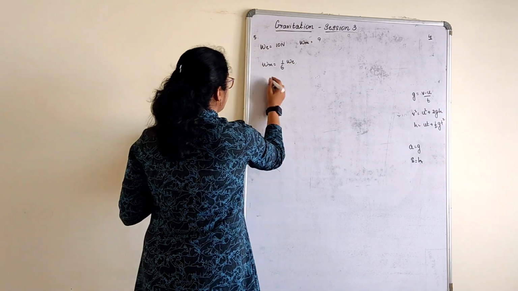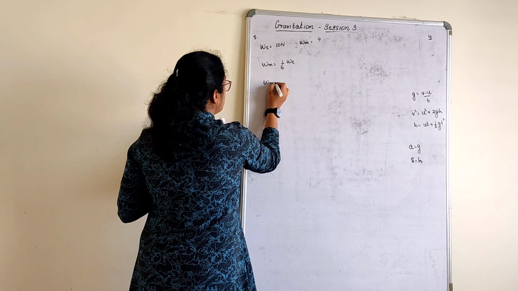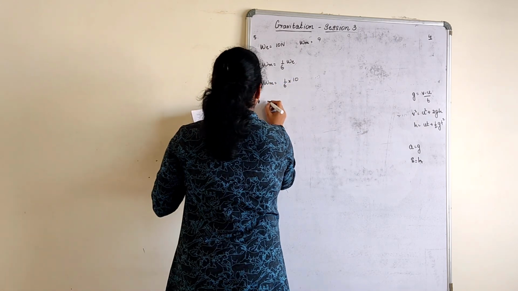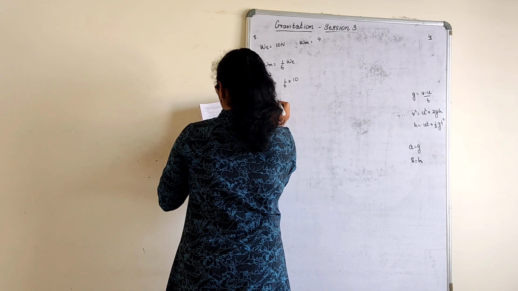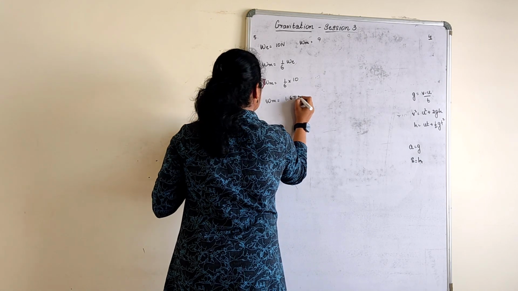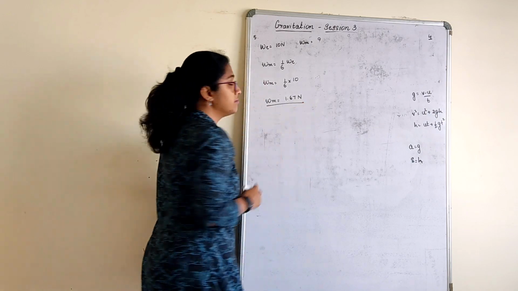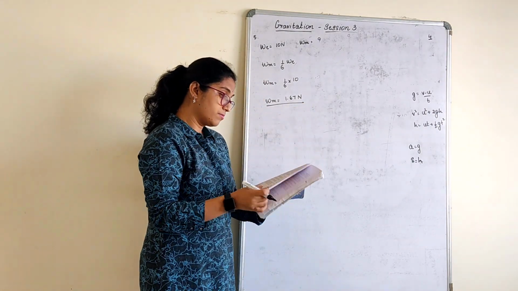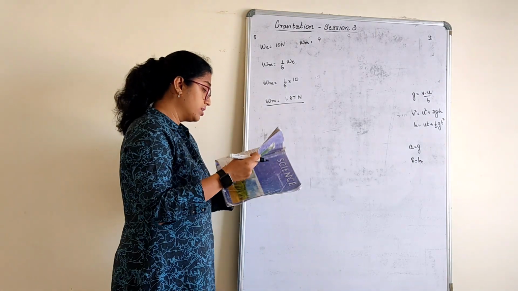This is the relation we have. So weight of the object on moon is equal to 1/6 by 10, that is 1.67 Newton. Simple question. Next one.